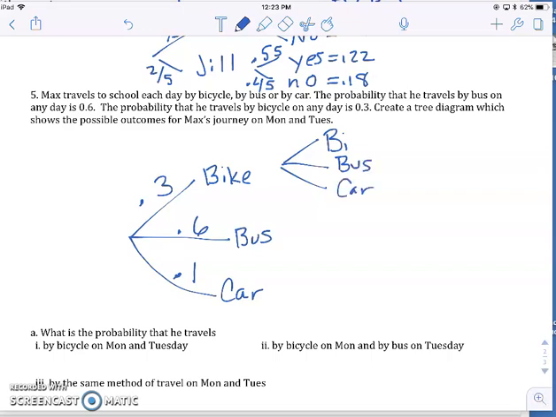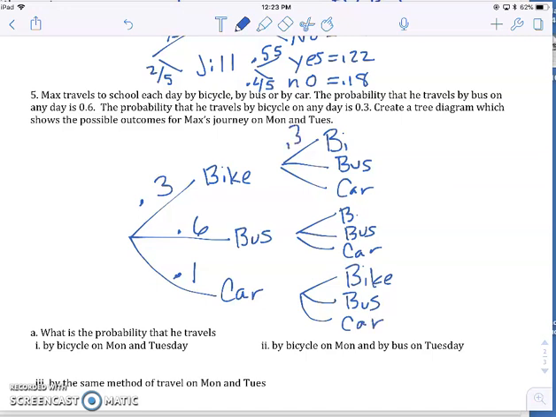Oh, this is a big tree diagram. Bike, bus, car. Bike, bus, car. So we'd have 0.3, 0.6, 0.1, 0.3, 0.6, 0.1, 0.3, 0.6, 0.1.